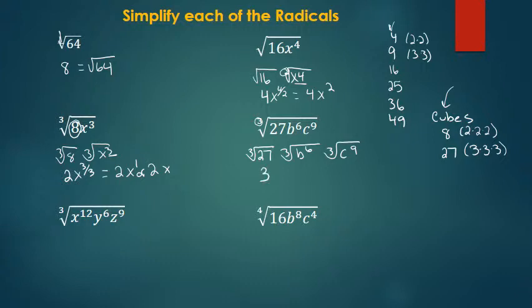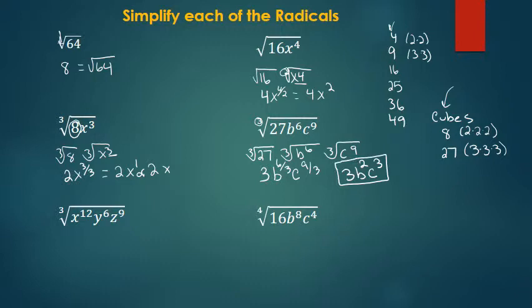Then I get b to the exponent of 6 divided by the root of 3, c to the exponent of 9 divided by the root of 3. To simplify that down, I get 3b, well 6 divided by 3 is 2, and c to the 9 divided by 3, which is 3. So this is your final answer.